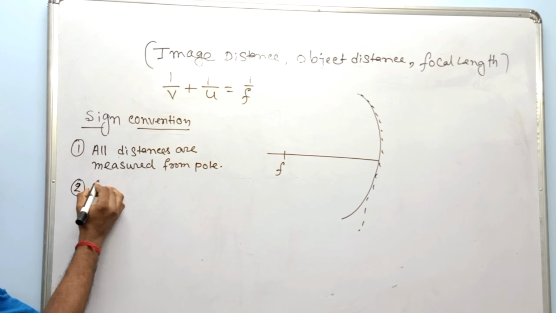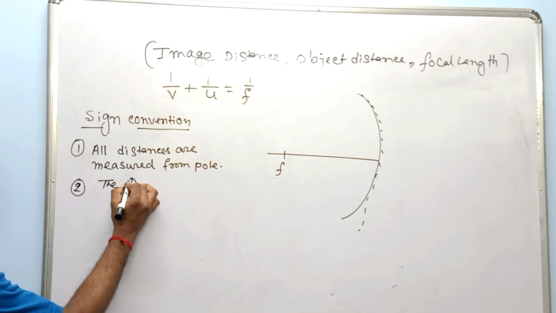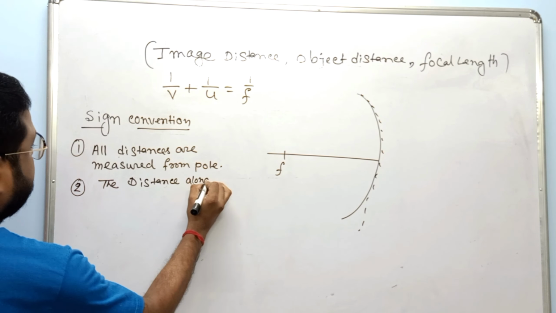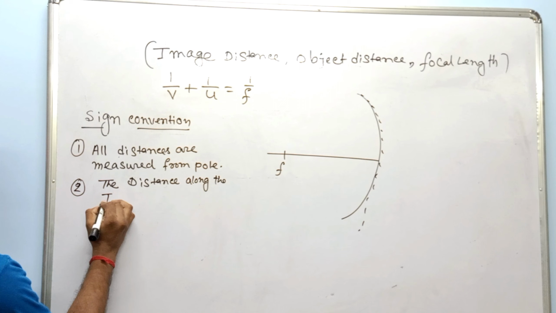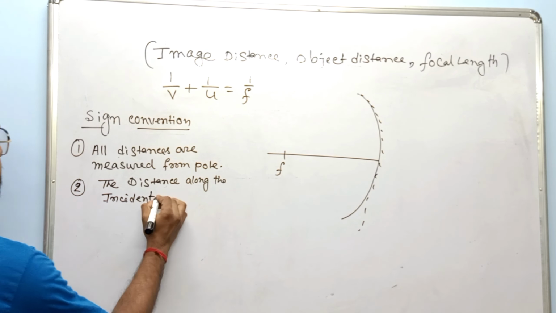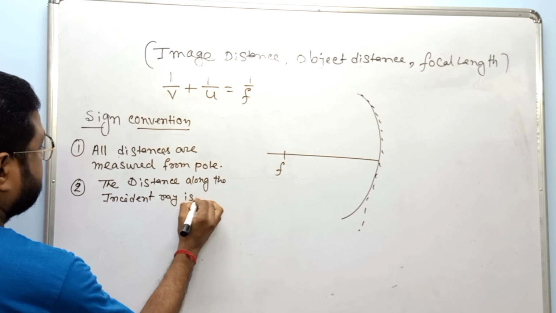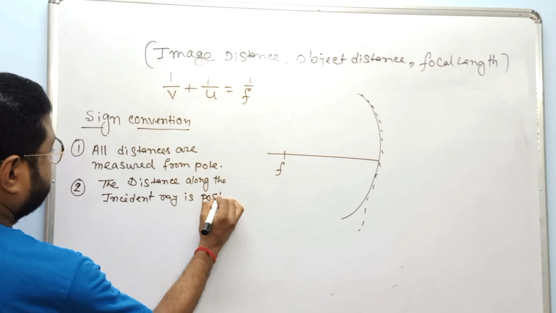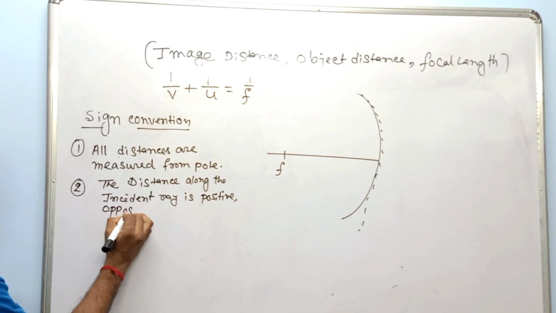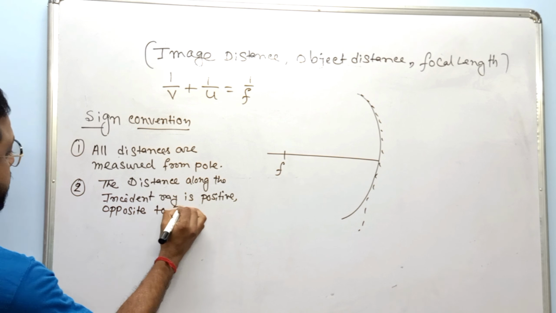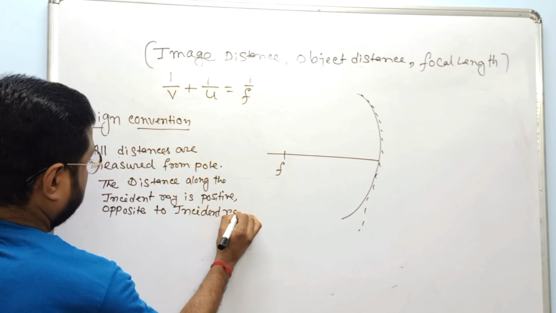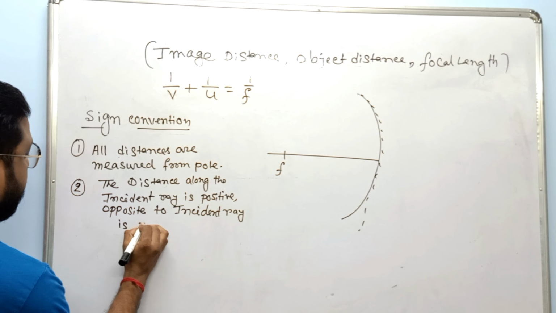Number two, the distance measured along the incident ray is positive, and opposite to the incident ray is negative.